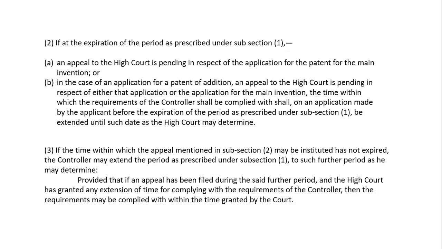Now suppose you have applied for an extension for some application, like after your CPS you are not able to file the CS in 12 months, so you have extended that deadline or timeline, right?